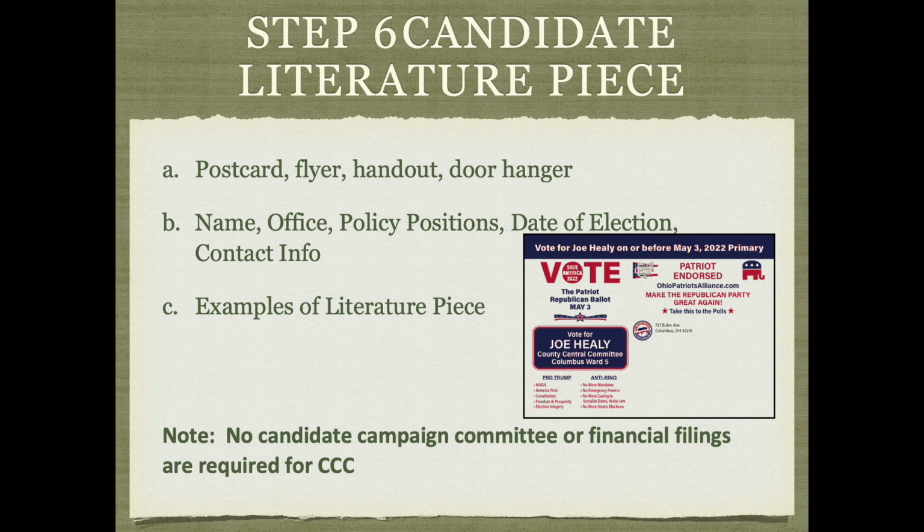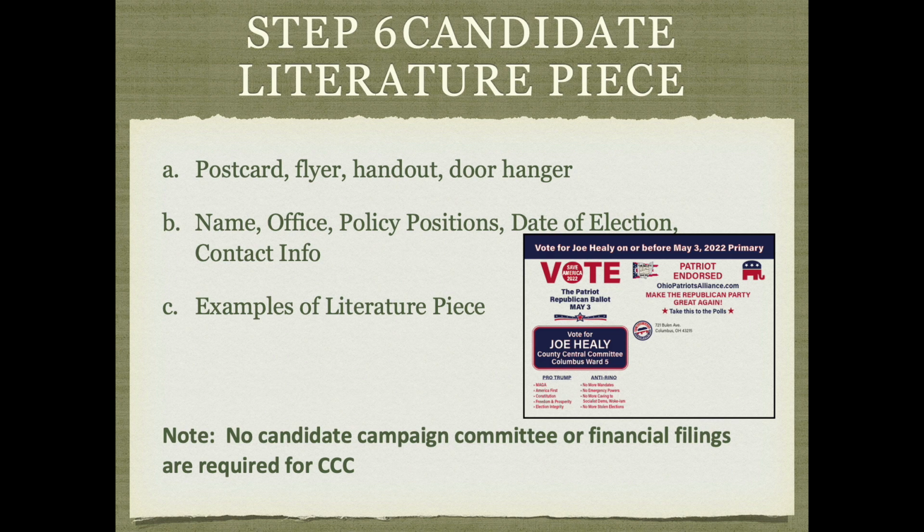Step 6. Prepare a candidate literature piece. Prepare a flyer, literature piece, or handout to distribute door to door, mail to targeted voters, and pass out at the polls. Display prominently in a highly visible fashion the following required information: your name, the office, County Central Committee, you are running for, date of election, contact information, and a few policy positions.